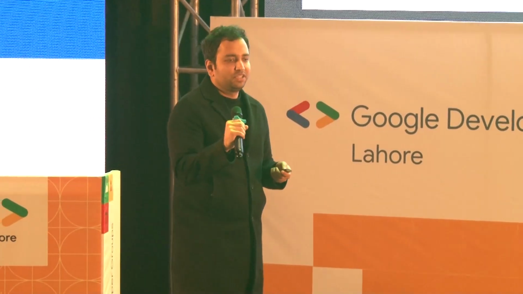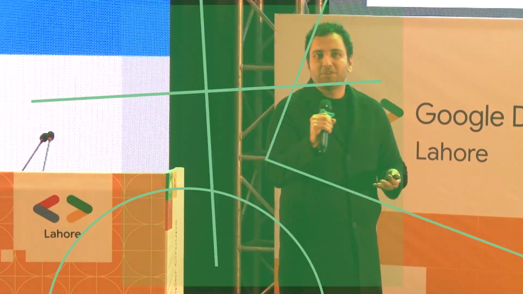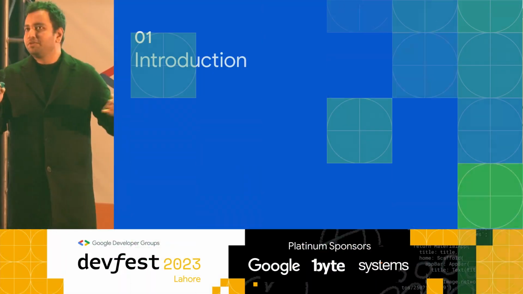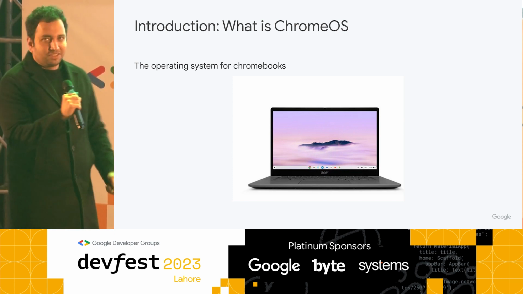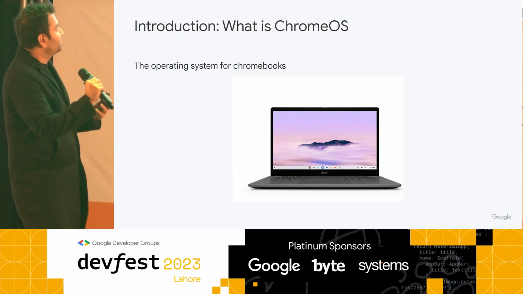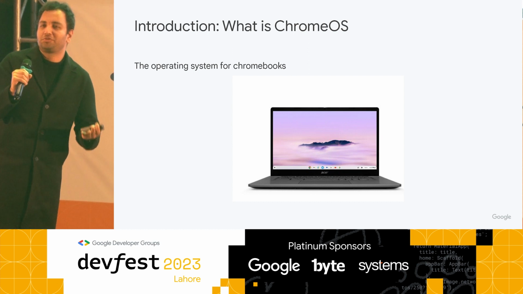Introduction. So what is ChromeOS? I think the gentleman before me just asked you how many of you know about ChromeOS? I think lots of you raised your hands, but the simple answer is that ChromeOS is the operating system used on Chromebooks.